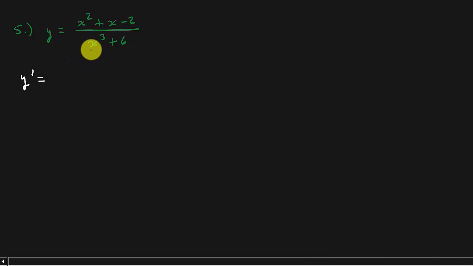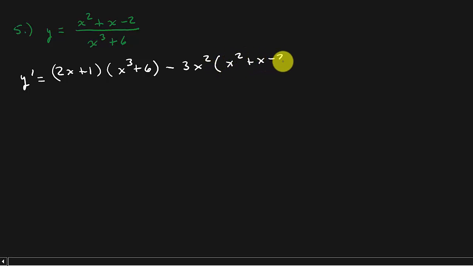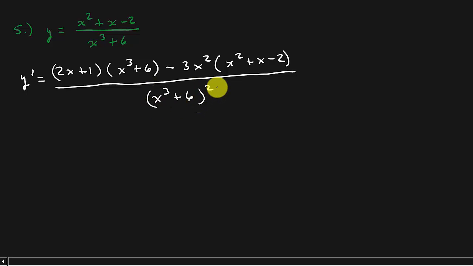So the derivative of the numerator, which is going to be 2x plus 1, times the denominator, x cubed plus 6, minus the derivative of the denominator, which is 3x squared, times the numerator, x squared plus x minus 2. And that's all over the denominator squared.